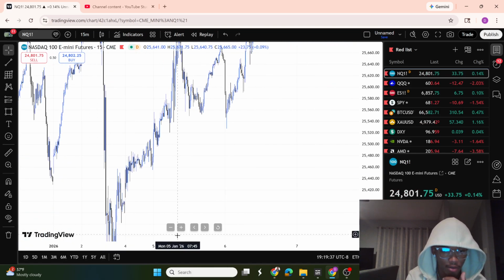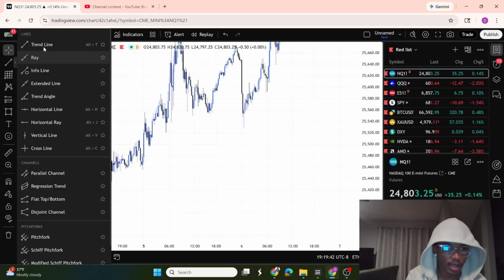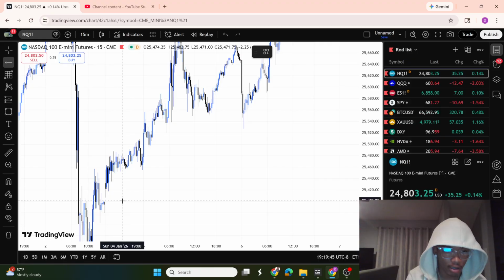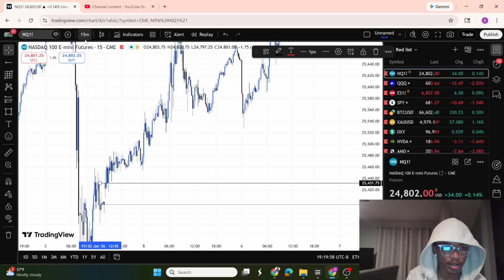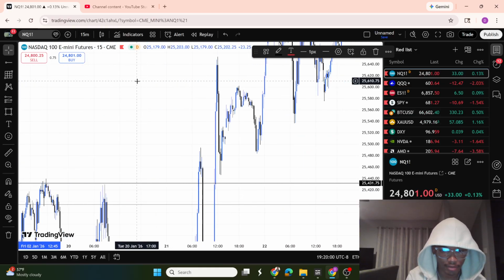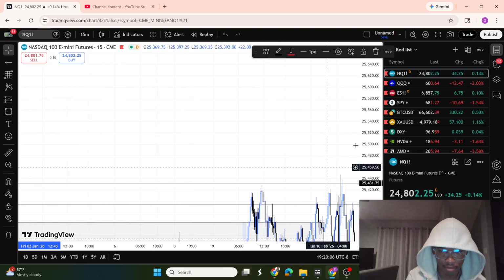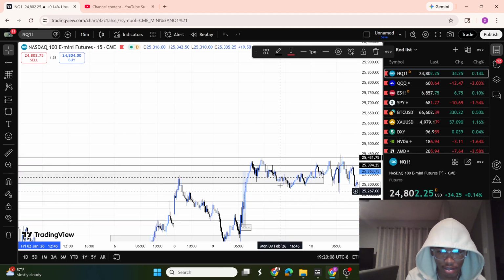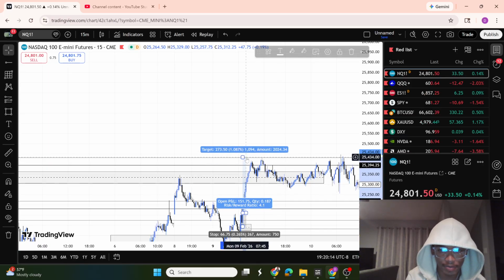I have not talked about this in a while, but let's look at the closure of the previous week. Boom. And the open of the next week from January. You can see this also eventually lines up with our new week opening gap right here, right?